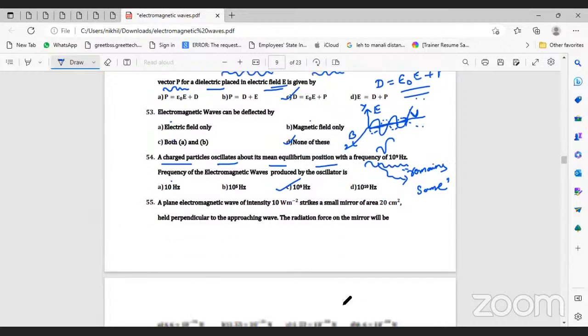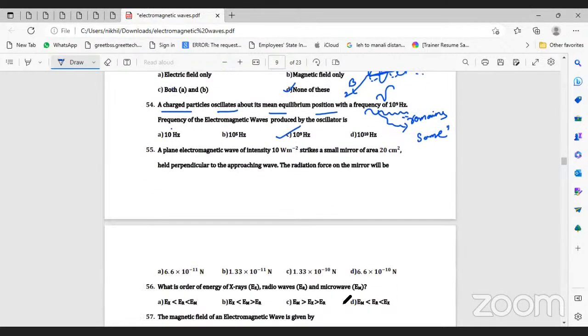Because whenever the spectrum or electromagnetic radiation travels from one medium to another medium, there will be no change in the frequency. There will be changes only with respect to the velocity and the wavelength. Please keep that in mind.